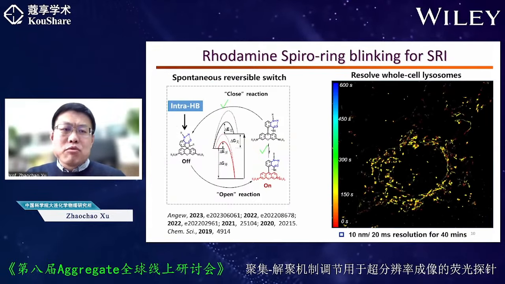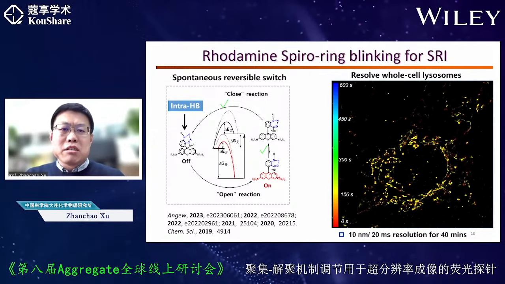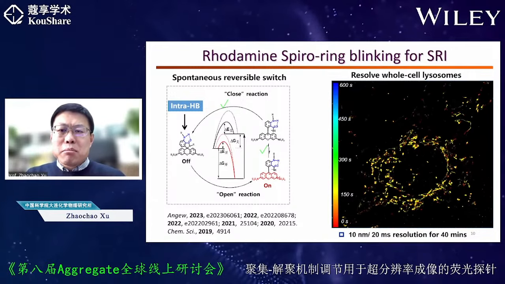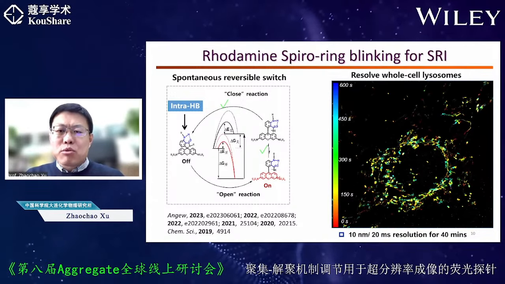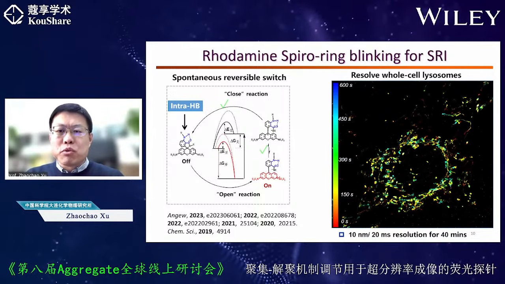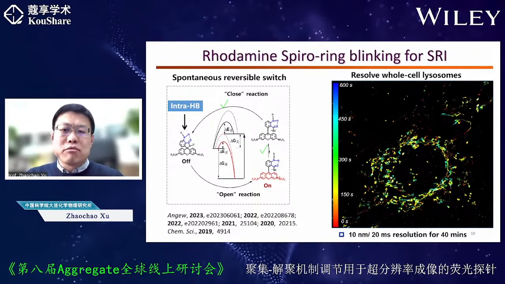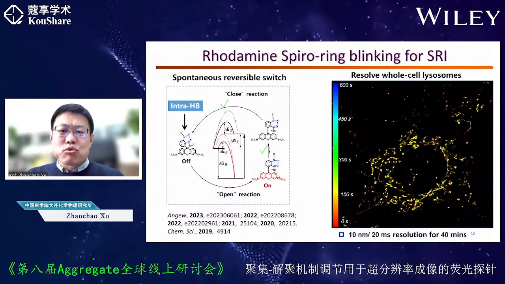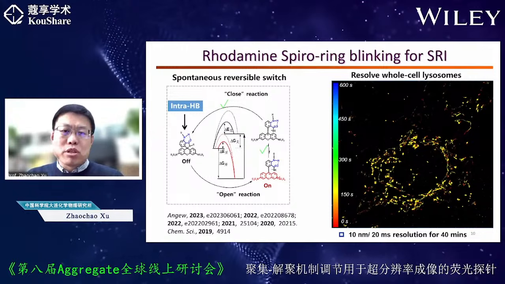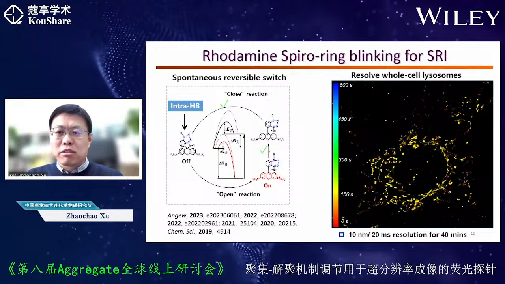In our work in recent years, we have consistently focused on improving spatial temporal resolution and dynamic super-resolution imaging. By introducing intramolecular hydrogen bonds into rhodamine to control the switch of its spiral ring, we achieved continuous super-resolution fluorescent imaging with a spatial resolution of 10 nanometers and a temporal resolution of 20 milliseconds for up to 40 minutes.